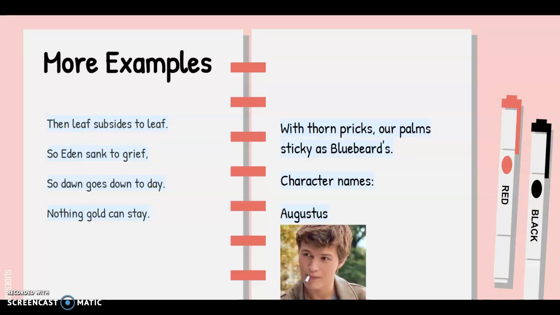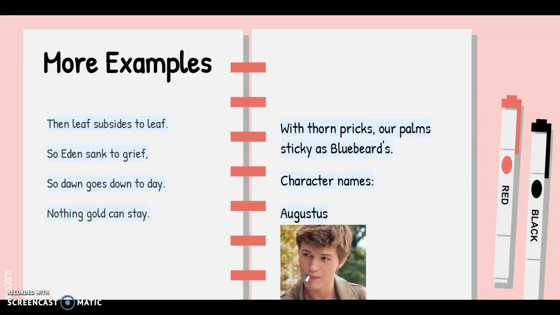So another example of this, one that you should all be familiar with, because we read it last week, Blackberry Picking, Seamus Heaney, "with thorn pricks are palms sticky as Bluebeard's." So this is a reference to a French fairy tale. But even if you have never heard of that fairy tale, again, the fact that Bluebeard here is being capitalized and it's got that possessive S tells us that it's probably a person. And it's a person who's being used in a simile and then not explained later on. So this is a good indicator that this is an allusion, even if you've never read that fairy tale.